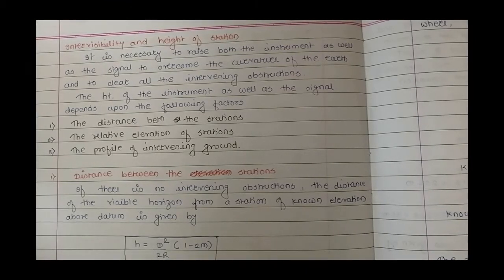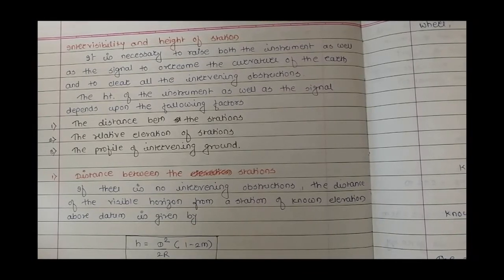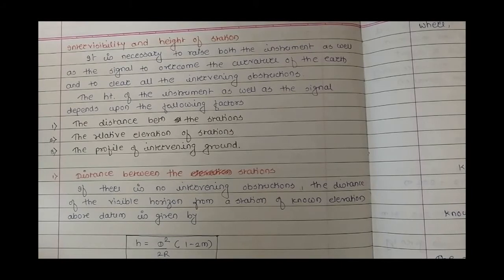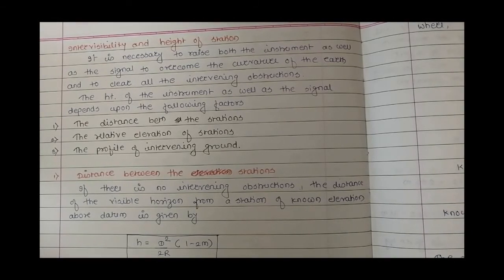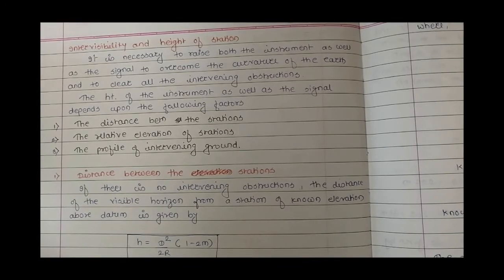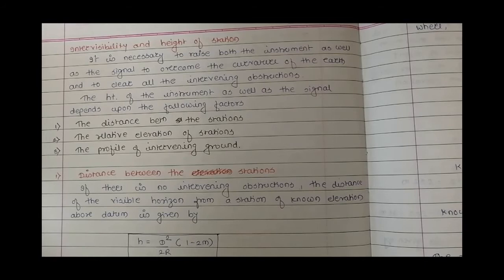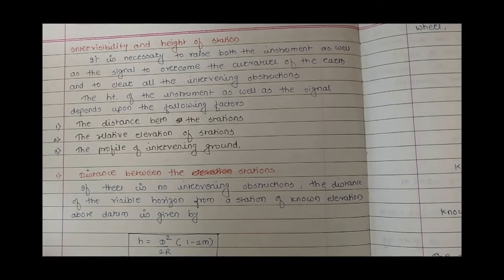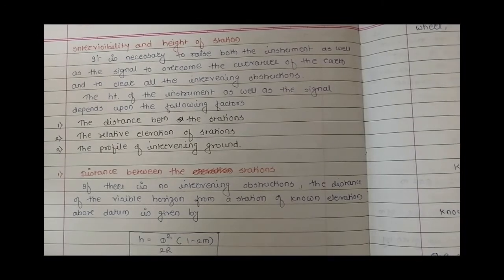And third is the profile of intervening ground, whether the ground is plain, whether it has some particular peaks or obstructions, or any other kind of obstructions, for example forest etc. So let's start one by one.